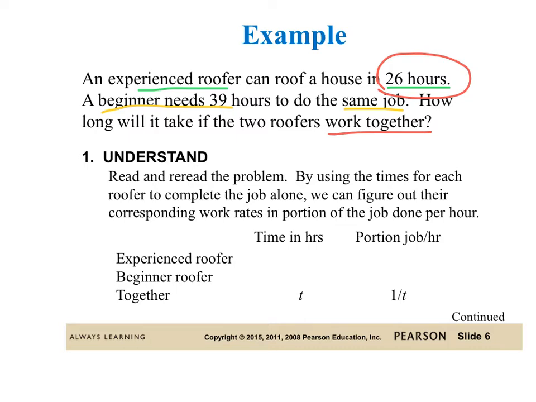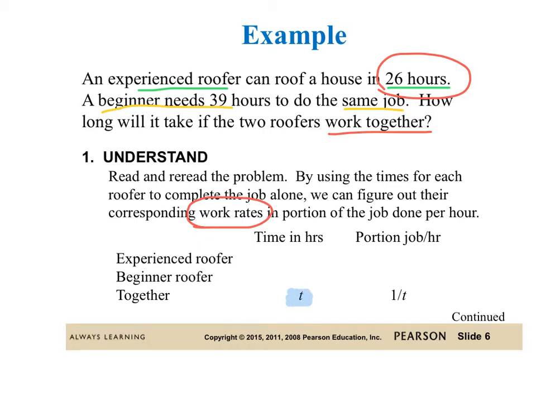By using these times that we've got for each roofer to complete the job alone, we can find their corresponding work rates. And this is what we call a work rate problem. So their work rate is the portion of the job that they can do in 1 hour. If they work together, then their total time is T, which is what we don't know.